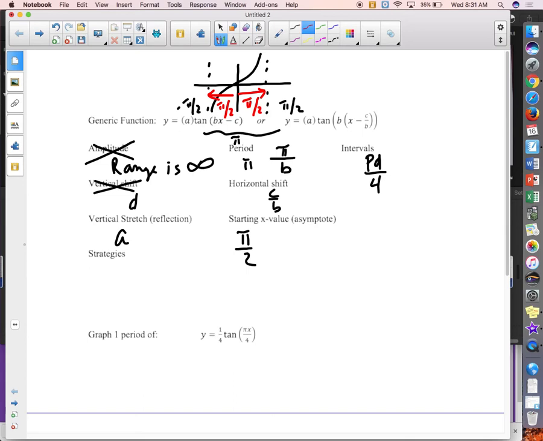So to get our asymptote, that's going to be our period divided by 2.